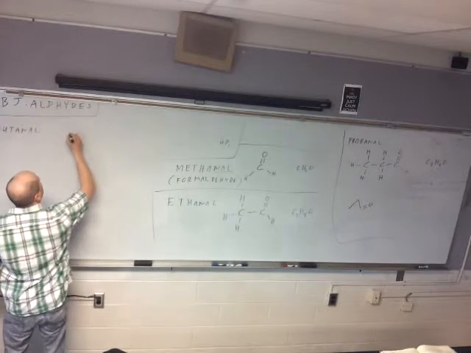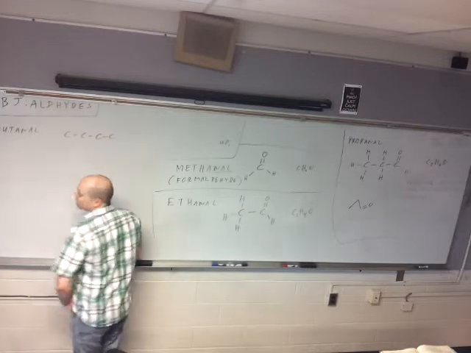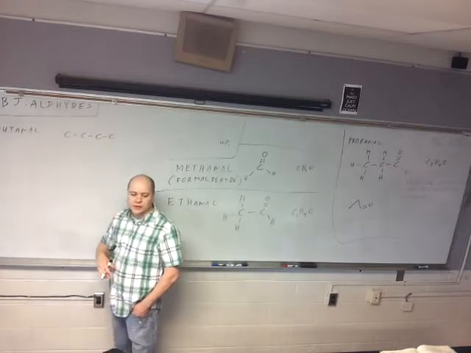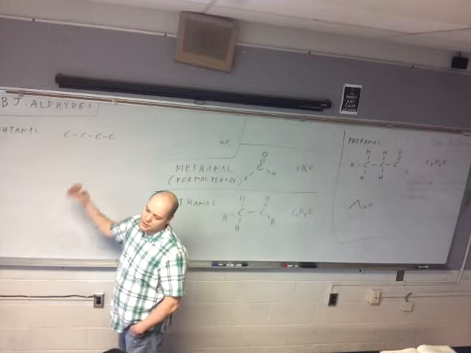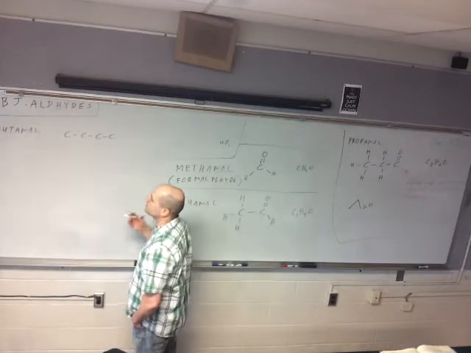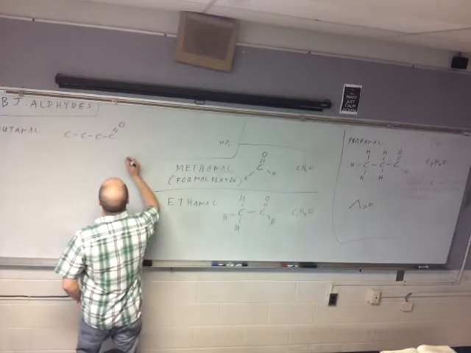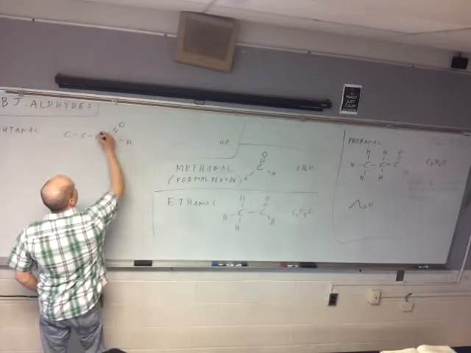This is going to be 4 carbons. And this was the key I was trying to get at the beginning of the lesson. The double bonded oxygen has to be on either the first or last carbon. It doesn't matter which one because it's the same thing, but it has to be on the end carbon. If it's not on the end, then it's not an aldehyde, and it's a ketone instead. We'll talk about those on a different day.